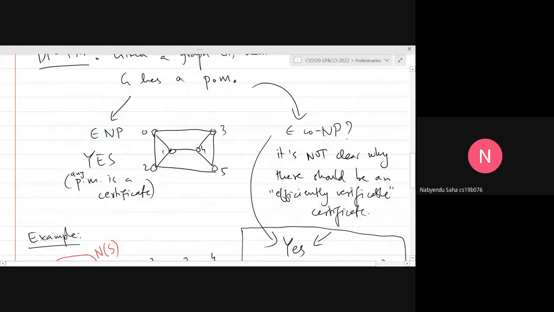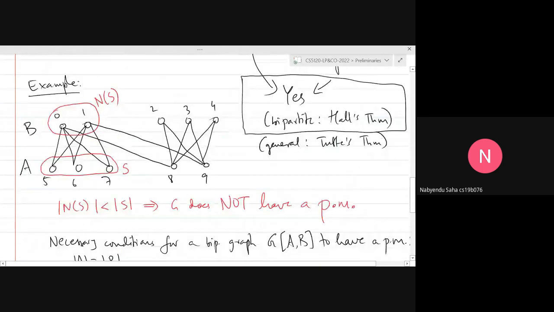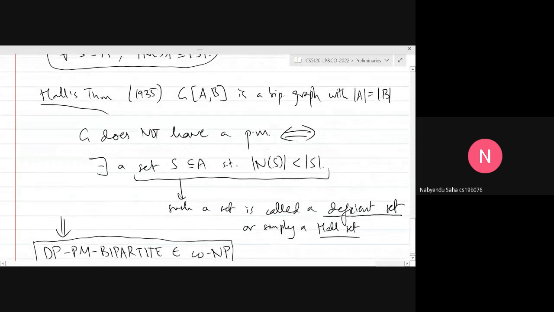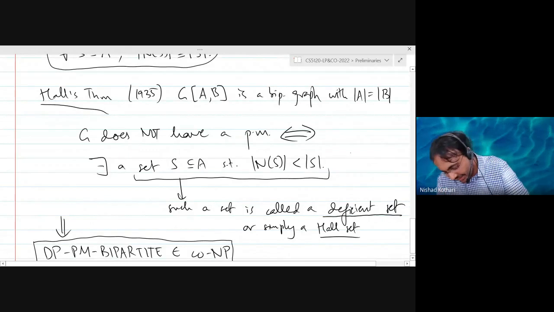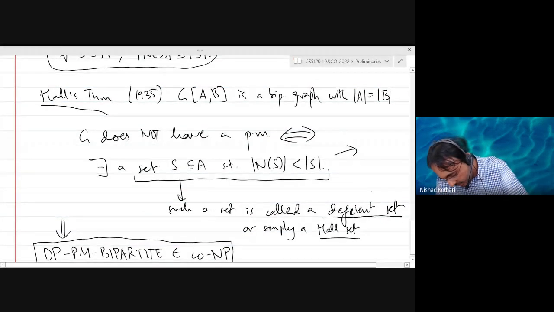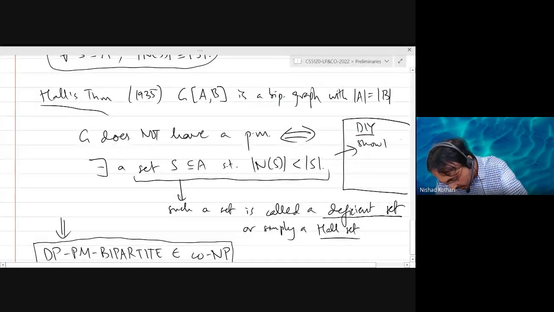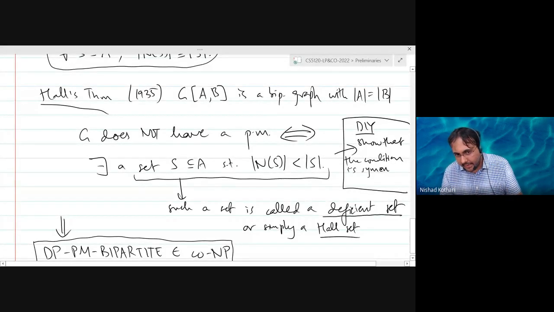Sir, in the second condition of Hall's theorem, have we assumed A without loss of generality, or using this condition for A, can we prove the same condition for B? Good. So it is symmetric. Do it yourself. Show that the condition is symmetric in A and B. What I mean is, if there is a deficient set in A, then there is a deficient set in B, and vice versa.